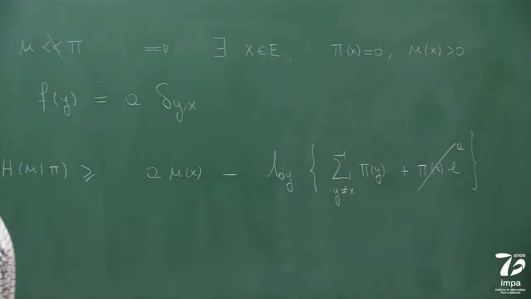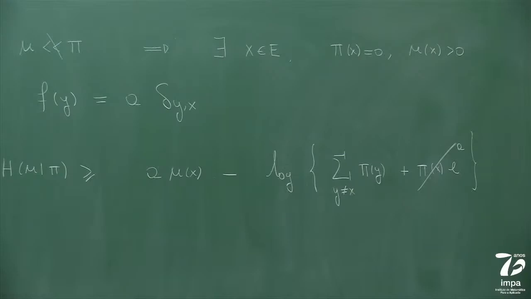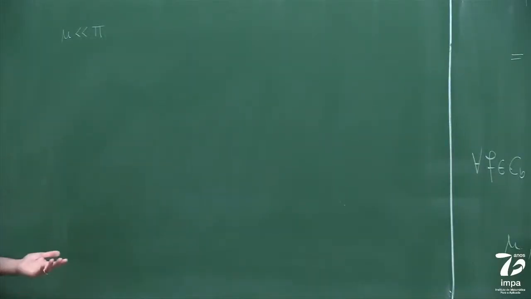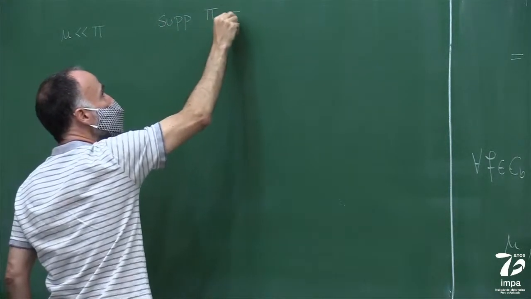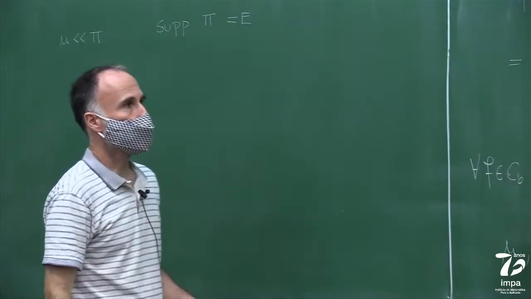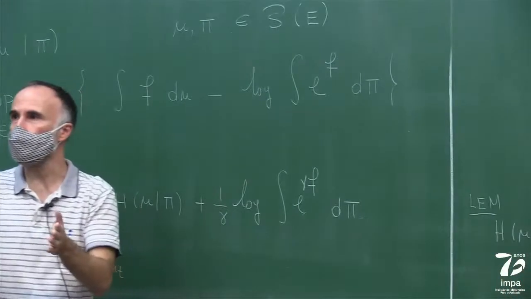So we proved already that it's plus infinity if it's not absolutely continuous. So let's assume now that mu is absolutely continuous with respect to pi, and let's say that the support of pi is equal to E. If the support is a subset, this means that all these sums are actually restricted to this finite subset.